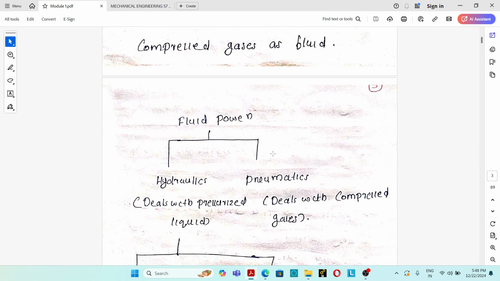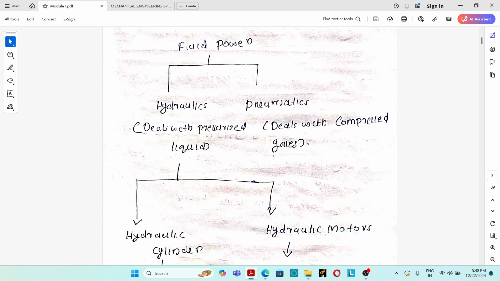In any fluid power system, there is a mechanical device that energizes the working fluid. In the case of hydraulics, it is known as a hydraulic pump.